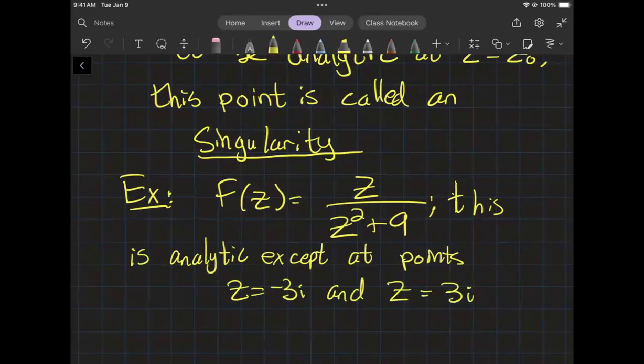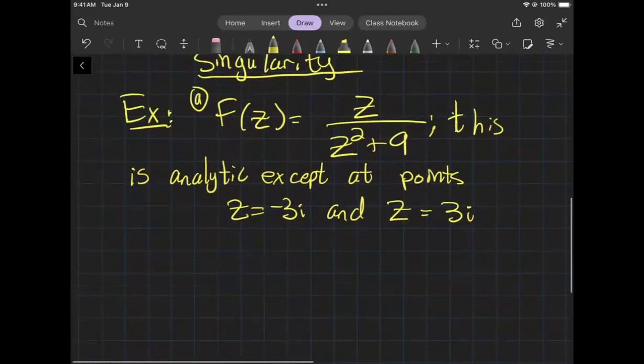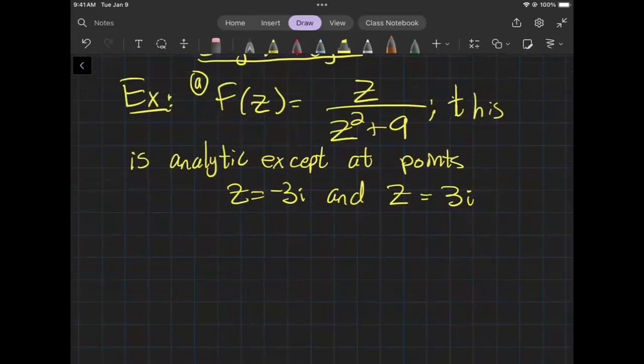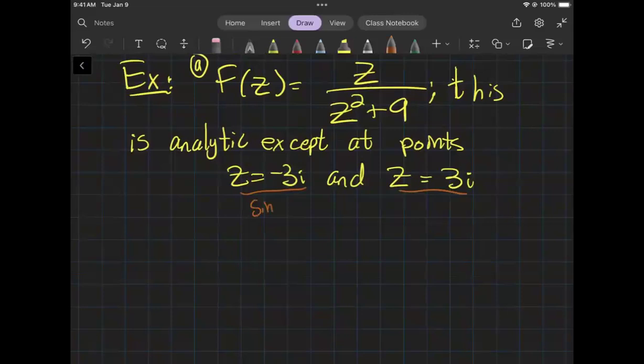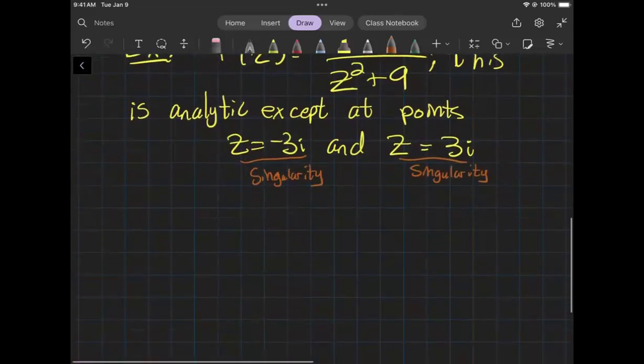So this function fails to be analytic at two complex numbers, minus 3i and positive 3i, right? So we call these singular points, or just a singularity. Okay.